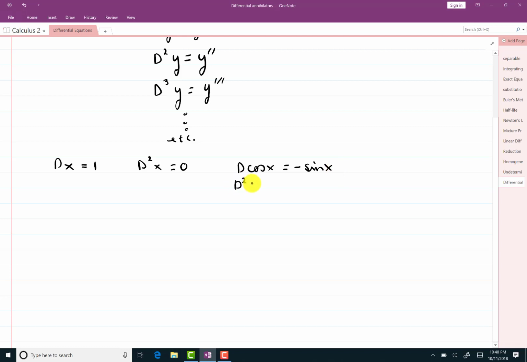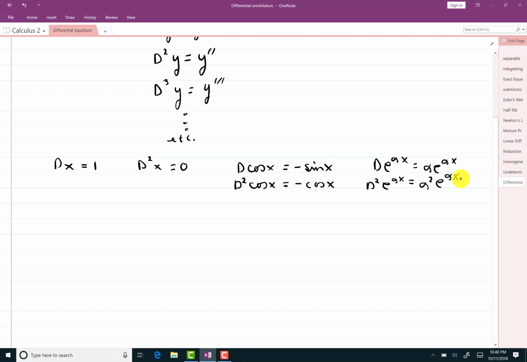D squared cosine of x is the second derivative, so I'll take the derivative of negative sine and I'll get negative cosine of x. D of e to the alpha x will be alpha e to the alpha x. D squared e to the alpha x will be alpha squared e to the alpha x.